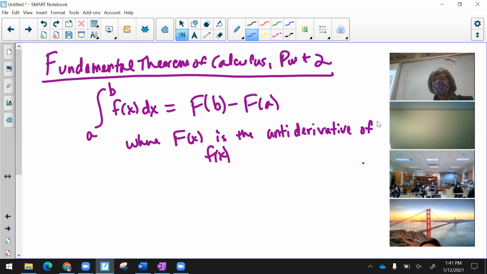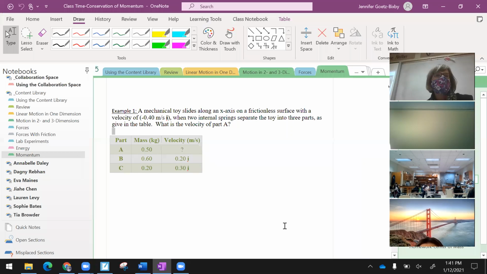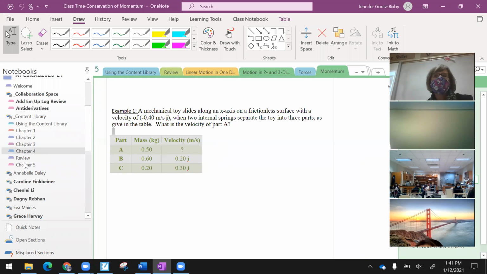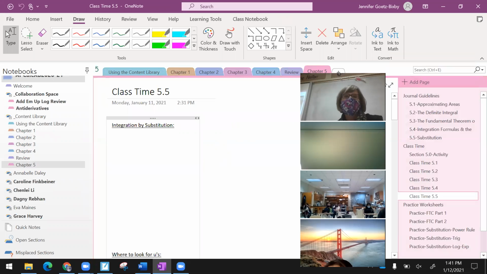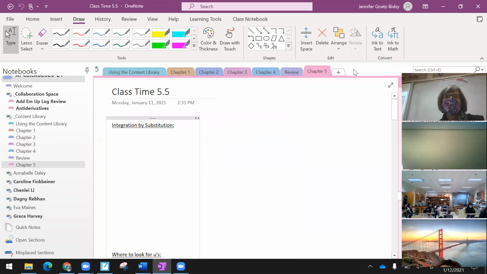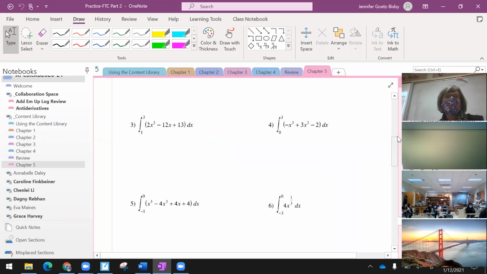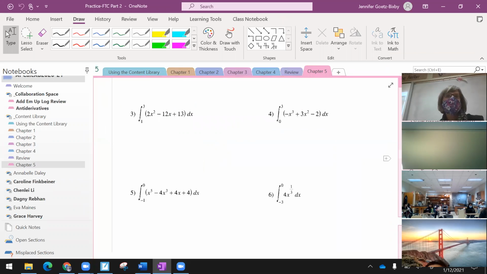Okay. So for instance, there are some practice sheets in here. If we go to part 5 here, the practice sheets for the fundamental theorem of calculus part 2, let's just take one here, okay? This is practice FTC part 2.